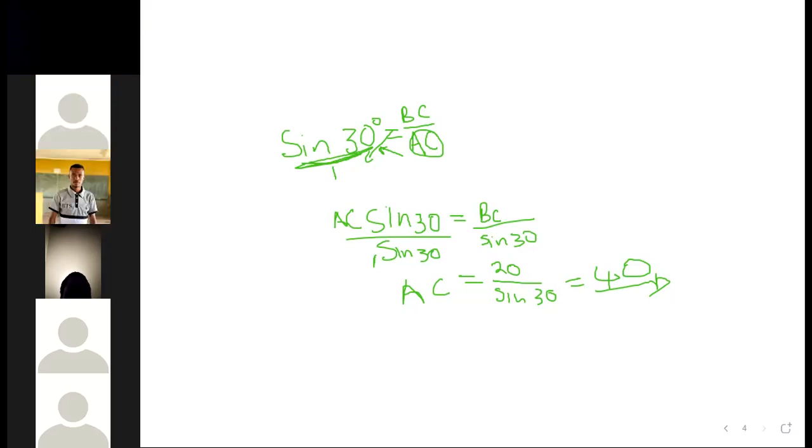Isn't it a right angle triangle as well? BAE is 90 degrees. So we want CAD. CAD is this triangle here in the middle.